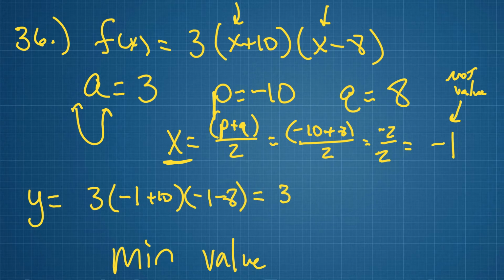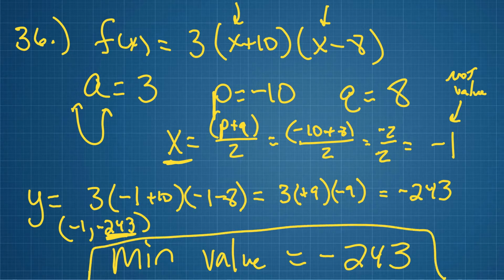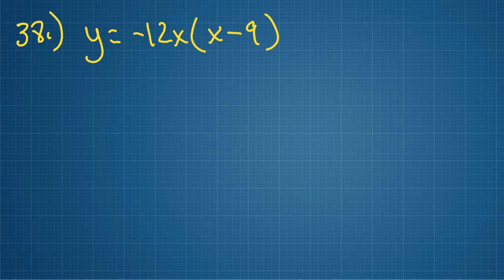I get 3 times 9 times negative 9, which is equal to negative 243. So my vertex is at negative 1, negative 243. That's my min value. So my min value is always the y part, negative 243. And that's it for 36.